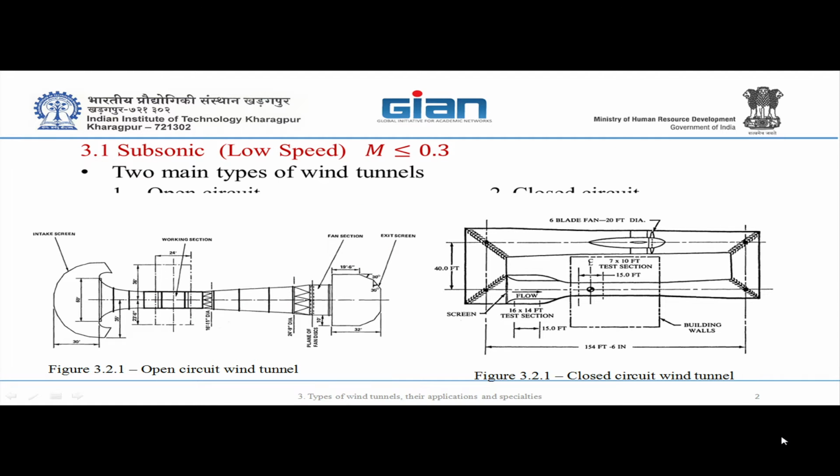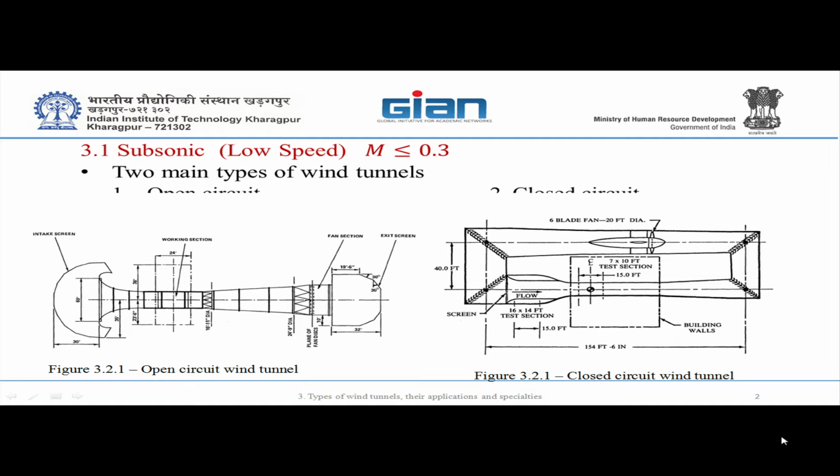So generally we'll talk about two types of wind tunnels. One is open circuit and one is closed circuit. In all the ranges you can find closed circuit and open circuit. As the name says, in the open one the air is sucked in on one side and blows out to the atmosphere, and in the closed circuit it just circulates.